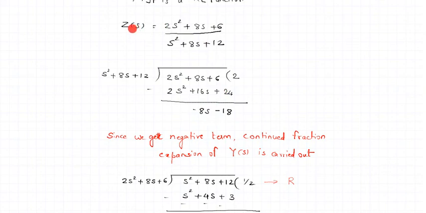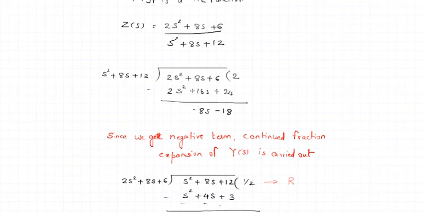We instead carry out the continued fraction expansion by implementing the admittance function. So friends, we take the reciprocal of the impedance function and now we carry out the continued fraction expansion of the admittance function.